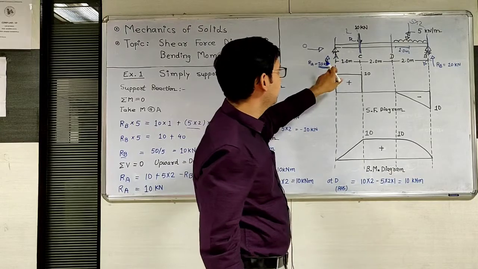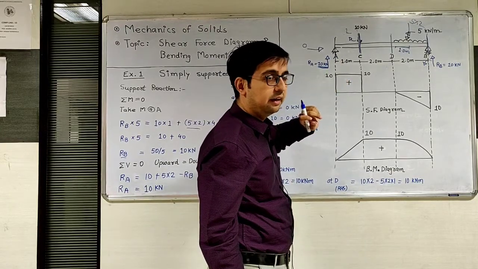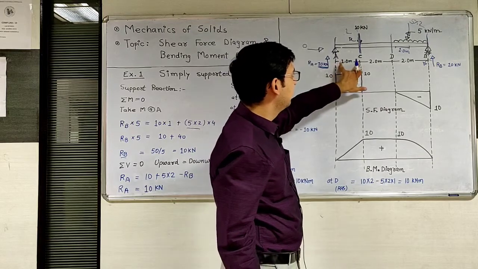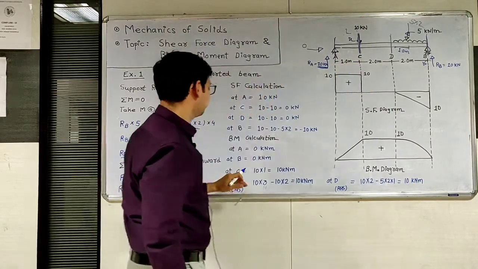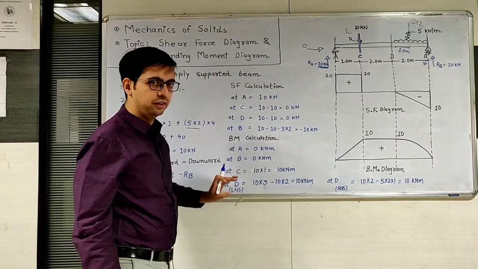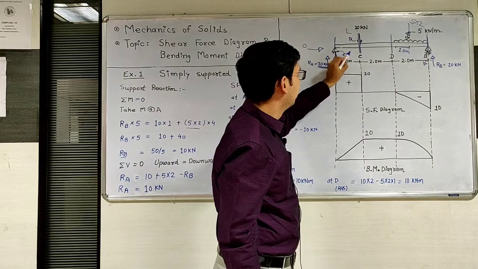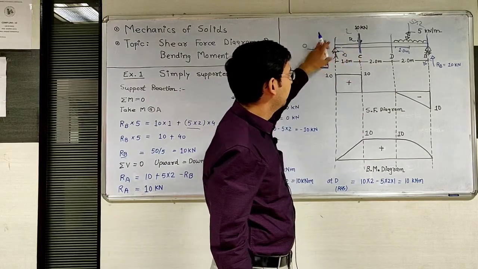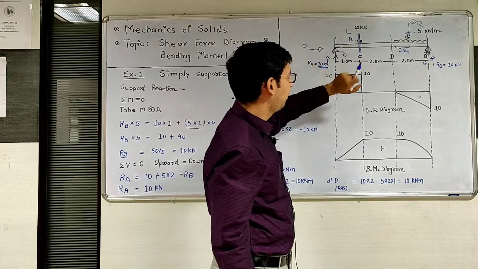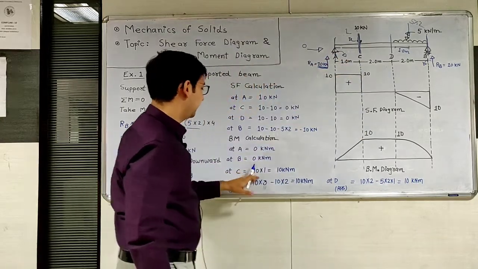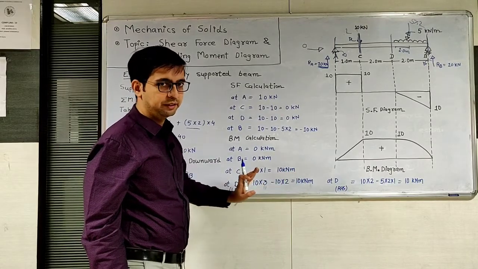On the left hand side there is only one force, which is support reaction RA, and the perpendicular distance from C point is 1. So 10 into 1. Now the sign: on the left hand side of the section, due to this upward force the moment is clockwise. So positive sign, 10 into 1, 10 kilonewton meter.